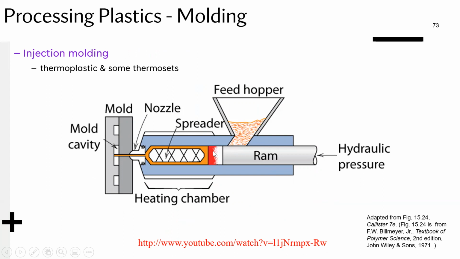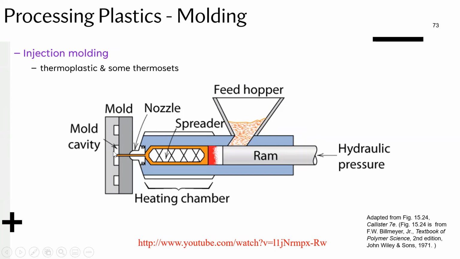You've got a spreader, which is usually threaded, so as you use the ram to compress these beads or whatever solid stock you have in the feed into the threaded spreader, you also heat it up in this chamber. You heat it up until it reaches liquid state, at which point it is injected from the nozzle into this cavity design that you have here.